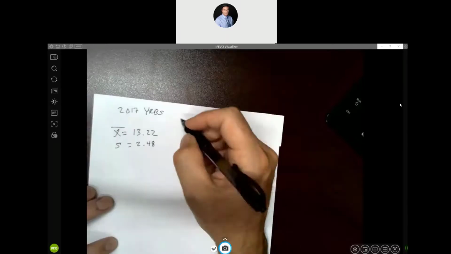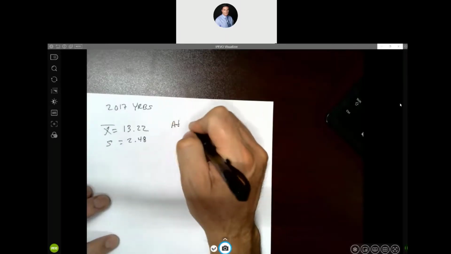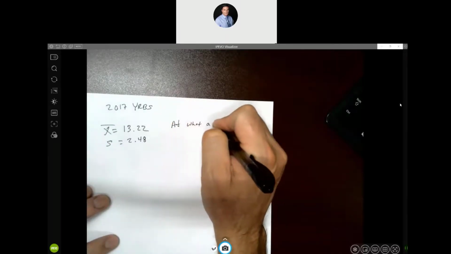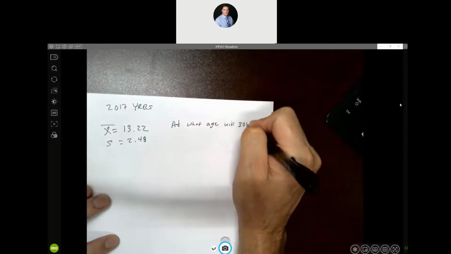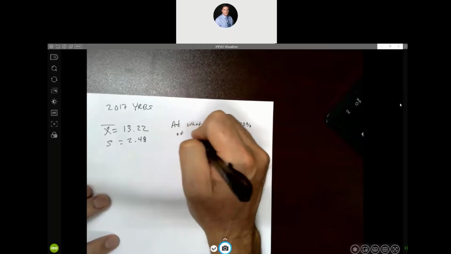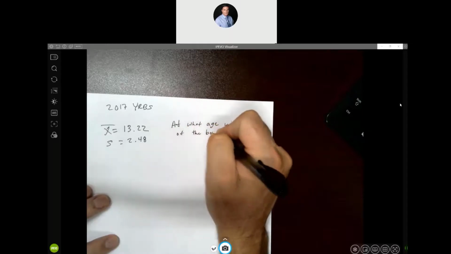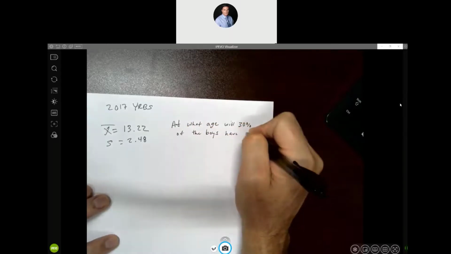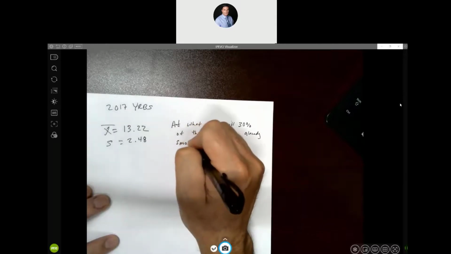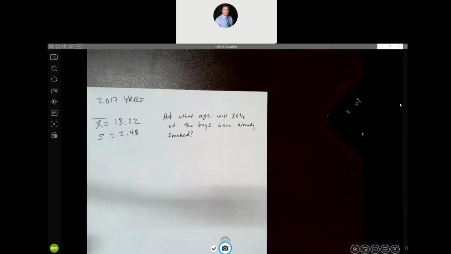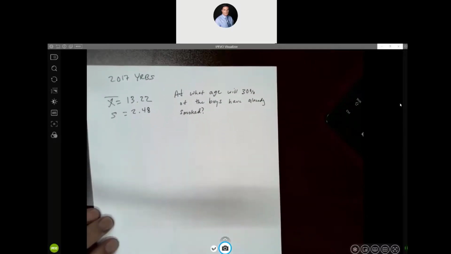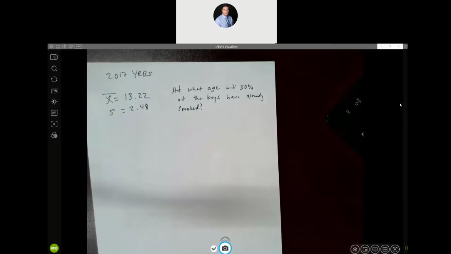So what I want to know is this. At what age will 30% of the boys have already smoked a cigarette? At what age will 30% of the boys have already smoked a cigarette?